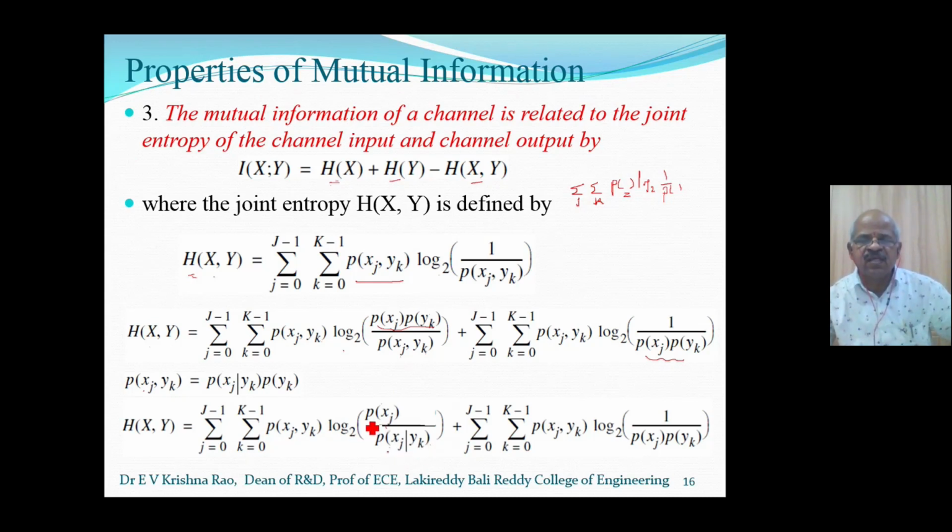Just now we have seen the mutual information in terms of joint probability as the double summation of p of xj, yk times the logarithm of p of xj given yk by p of xj. So this is inverted, and inverting inside a logarithm means minus of that. So this first term is nothing but minus of the mutual information.